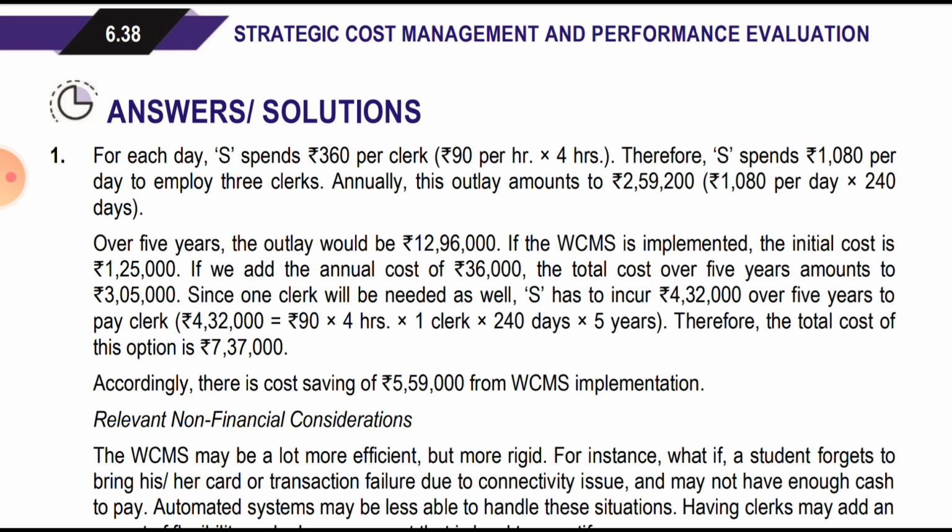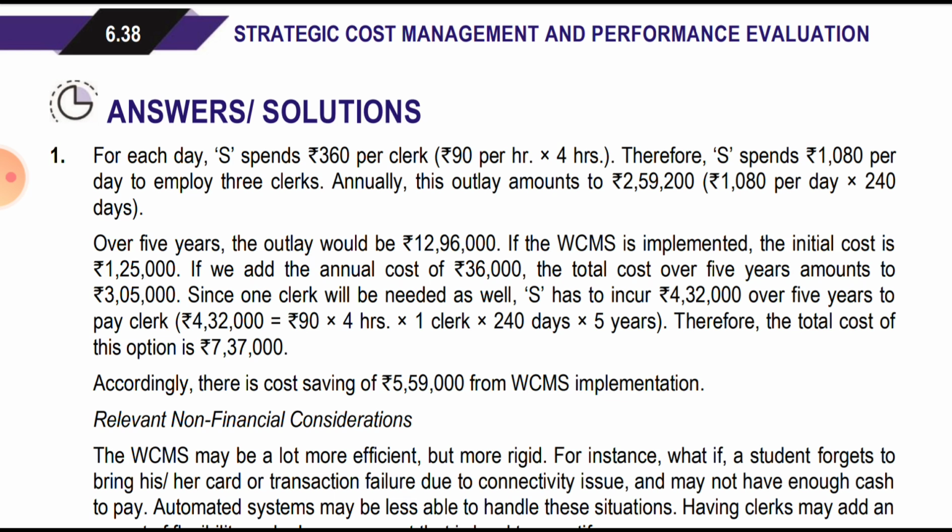If the WCMS is implemented, the initial cost is 1,25,000. If we add the annual cost of 36,000, the total cost over the period of 5 years will amount to 3,05,000, that is 36,000 into 5 plus 1,25,000. Since one clerk will be needed as well, S Limited has to incur 4,32,000 for a period of 5 years to pay the clerk.